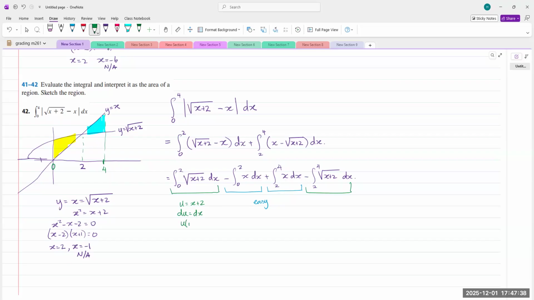But for this part here, and this part here, you need to do u substitution. So u at 0 is 2, u at 2 is 4, and u at 4 is 6. So the integration then becomes integral from 2 to 4 of u to the power of 1/2 du, minus 1/2 x squared from 0 to 2, plus 1/2 x squared from 2 to 4, minus integral from 4 to 6 of u to the 1/2 du.